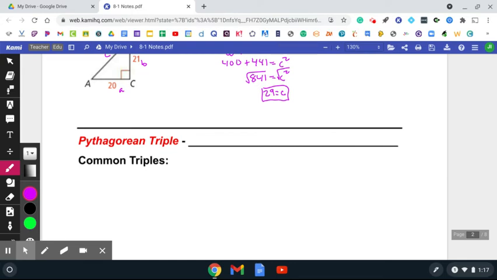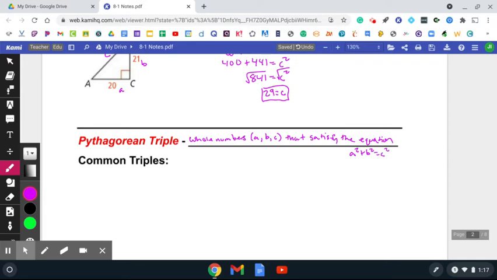A Pythagorean triple is when you have whole numbers A, B, and C, the variables that we're using, that satisfy the equation A squared plus B squared equals C squared.